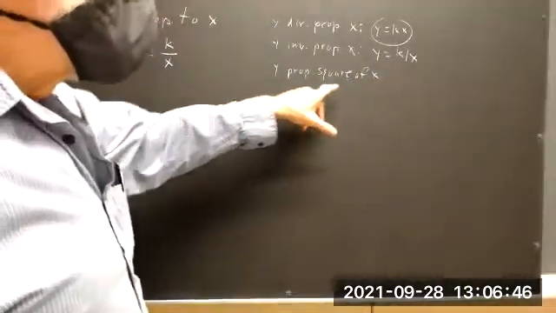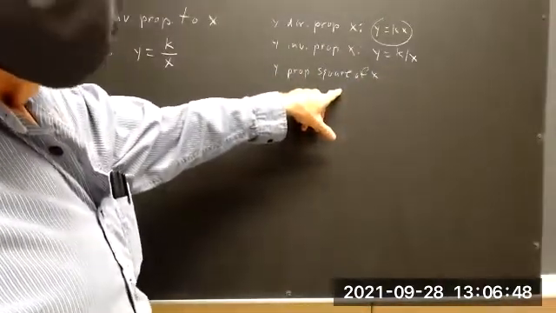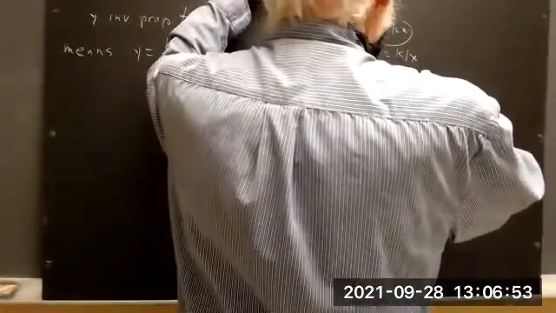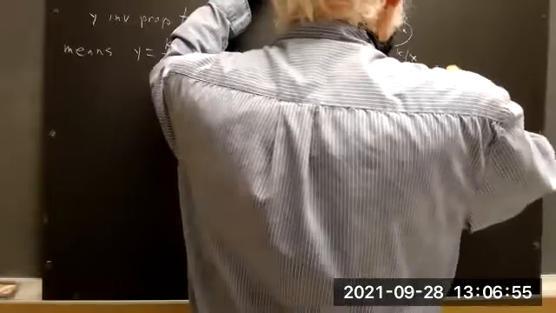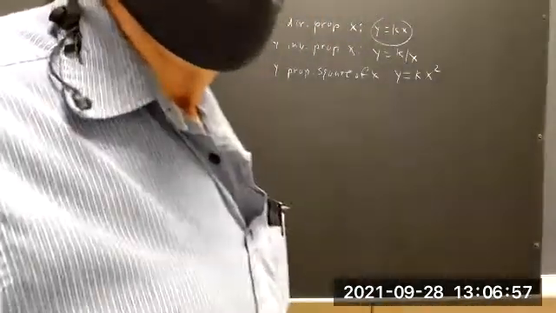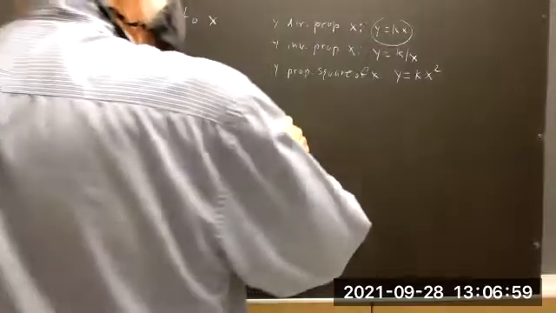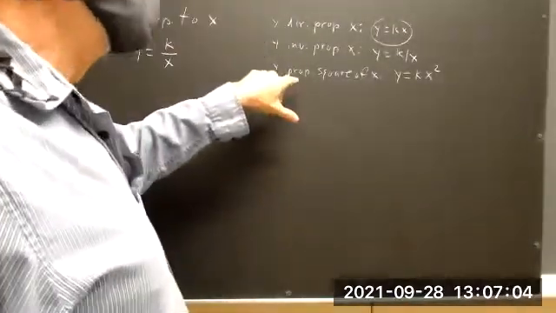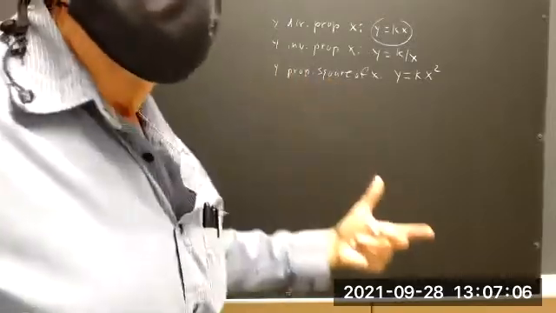If I say y is proportional to the square of x, then you get y equals kx squared. And the direct is implicit. If it doesn't say inversely proportional, it's directly proportional.